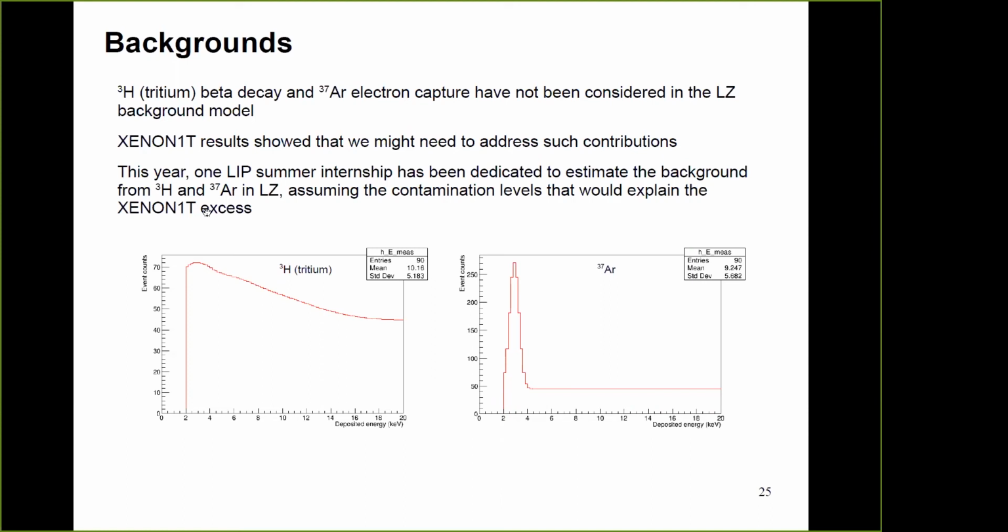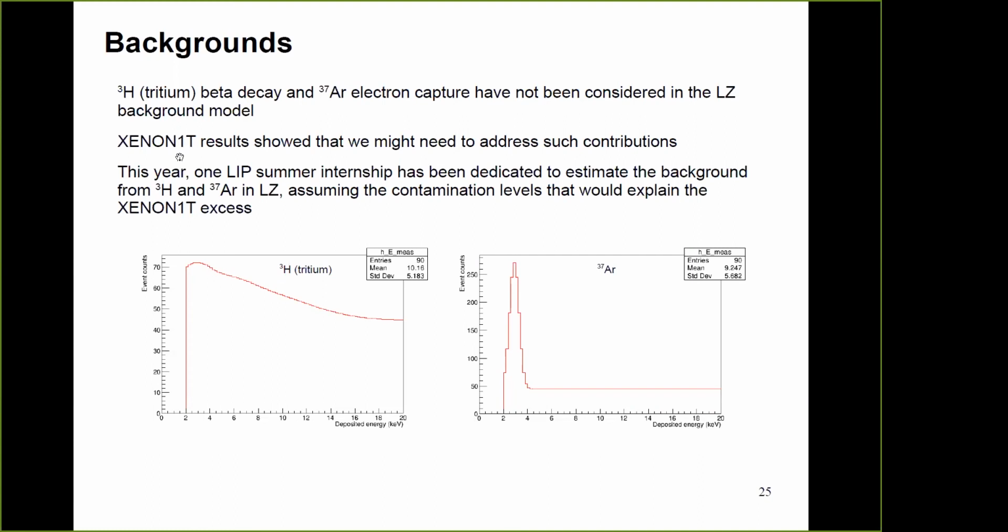So, as I mentioned earlier, one of the explanations of that excess could be that there is some unaccounted background. That background from tritium or argon-37 has not been accounted in the LZ background model because we consider that to be negligible, not a big impact. So that has not been considered.